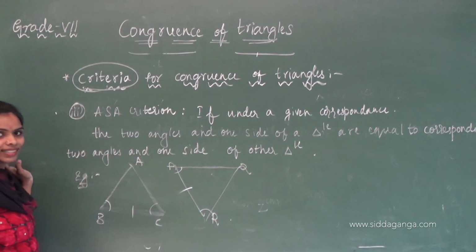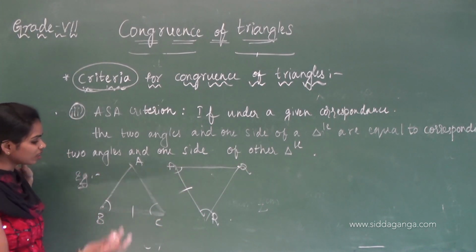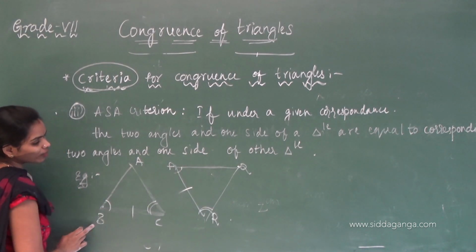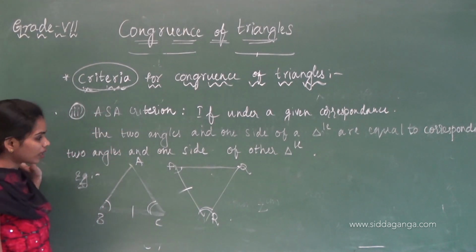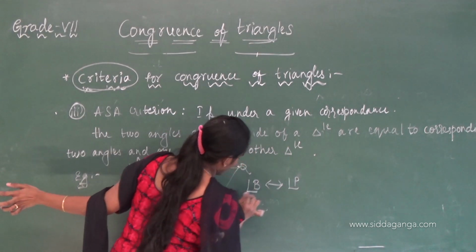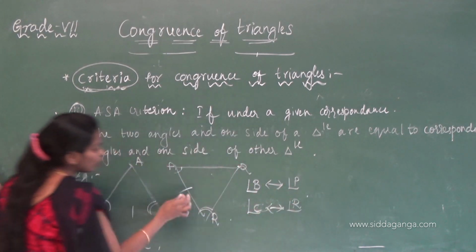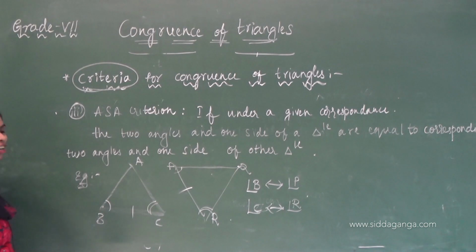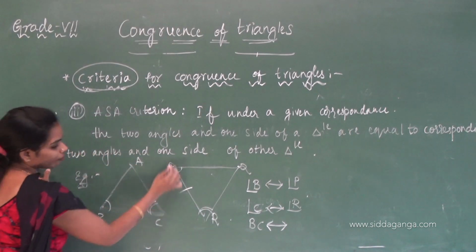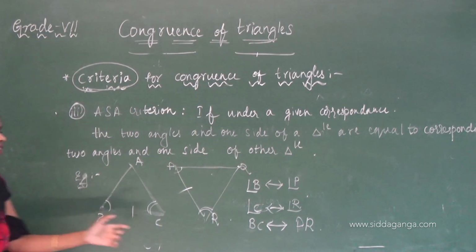Here if you see, I am taking triangles ABC and PQR, and I am checking the two angles. The two angles are equal here. B is equal with P and C is equal with R. And the included side, that means BC with PR.